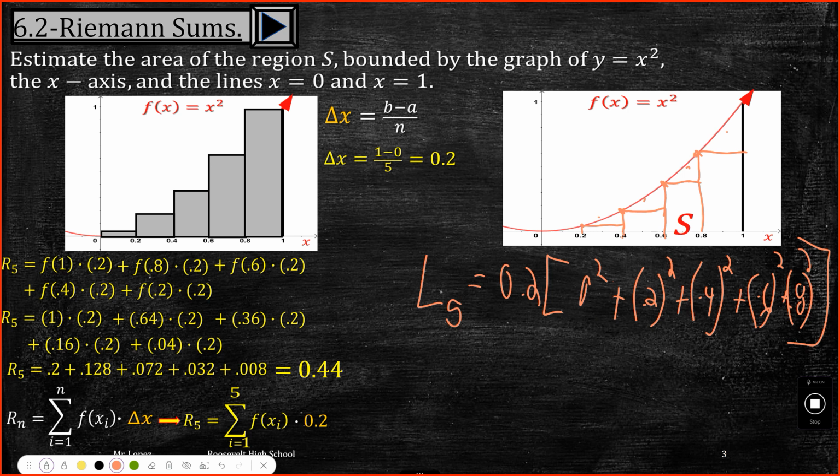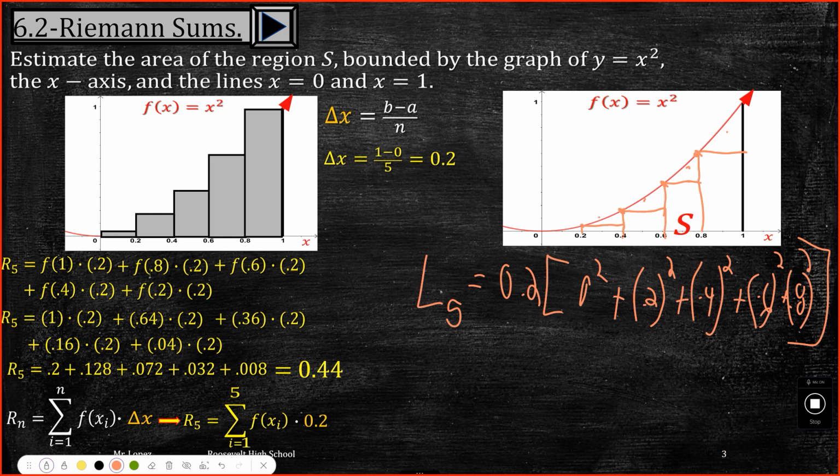What is that? 0.2 times the quantity 0.2 squared plus 0.4 squared plus 0.6 squared plus 0.8 squared.